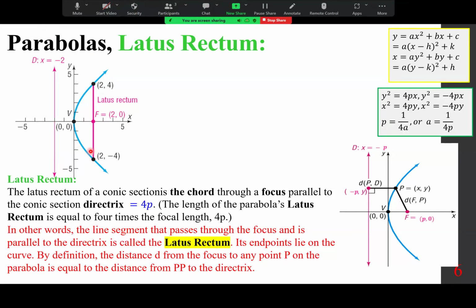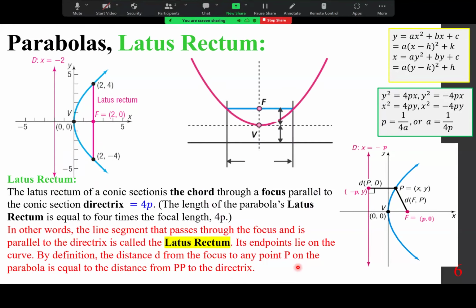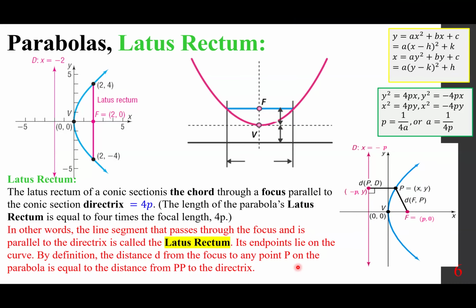Its endpoints lie on the curve. By definition, the distance d from the focus to any point P on the parabola is equal to the distance from P to the directrix. So if we look at this one, what do we notice?